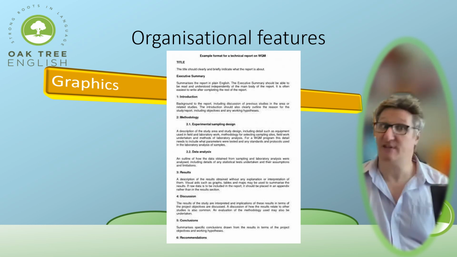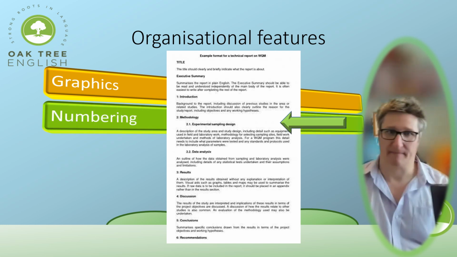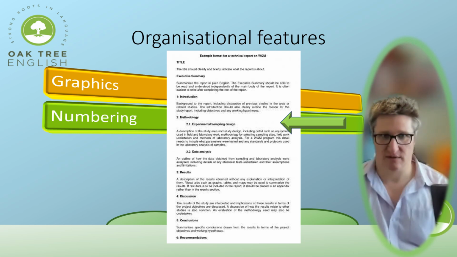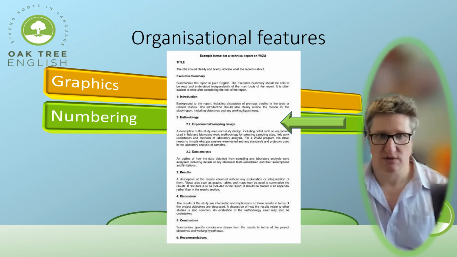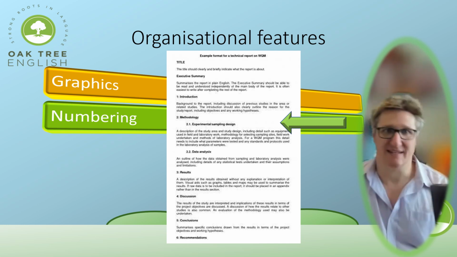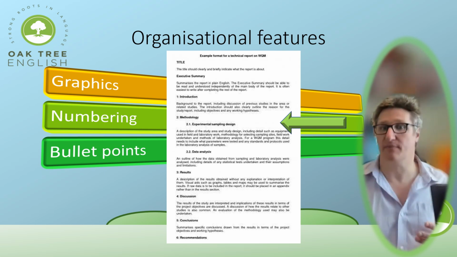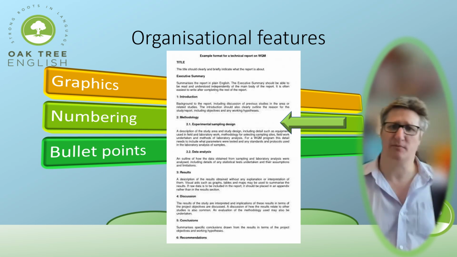Features you will be expected to make use of include things like numbering, as you see on this example. You've got 1, 2. 2 is methodology, 2.1 experimental sampling design, 2.2. This is a numbering system. Equally, bullet points is something that you can use very easily, particularly if you're making a list of something. Just use the bullet points.